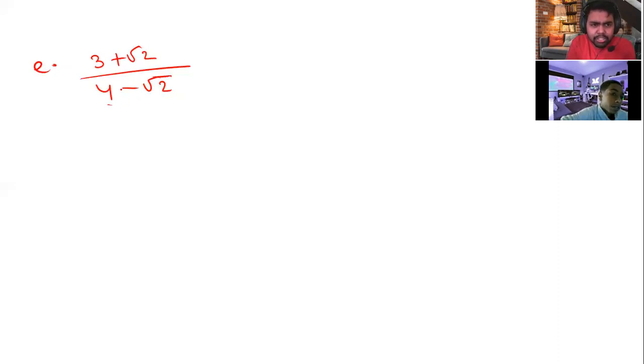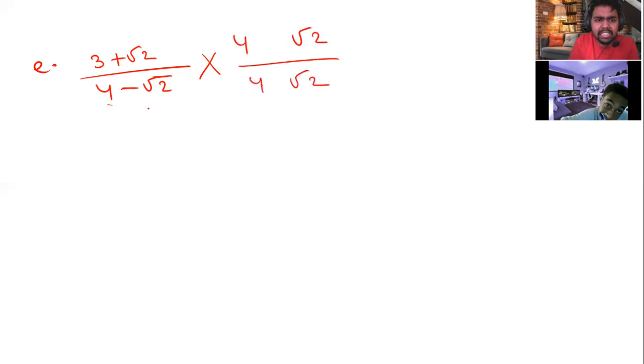In this kind of question where there is plus or minus, you have to multiply both numerator and denominator by the same thing. See, here is 4 minus root 2. I will multiply by 4 root 2, but with the opposite sign. If there is minus, I would be writing plus. Is it clear?